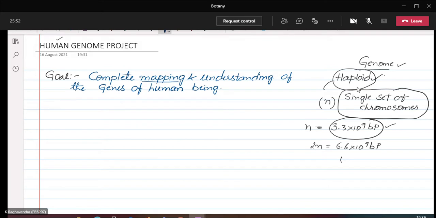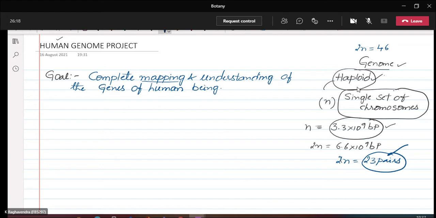Mapping is locating the genes, on which chromosome they are. You have studied that humans consist of 2n equal to 46 chromosomes. That means n is equal to 23, 2n is 23 pairs of chromosomes.